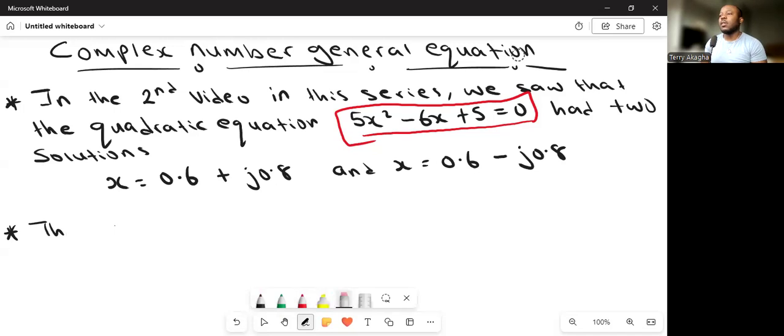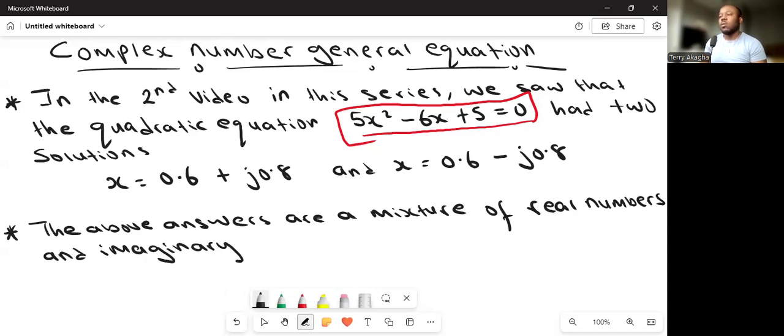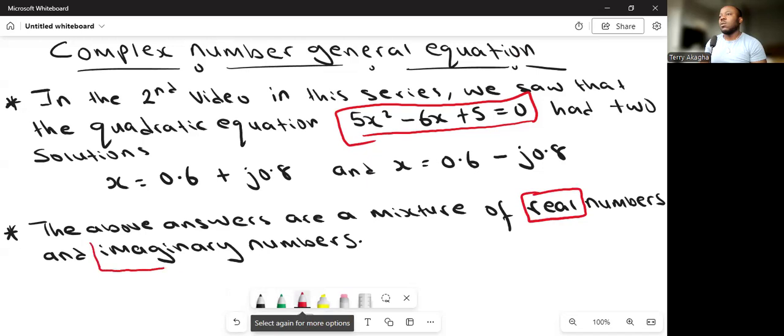So the above answers are a mixture of real numbers and imaginary numbers.